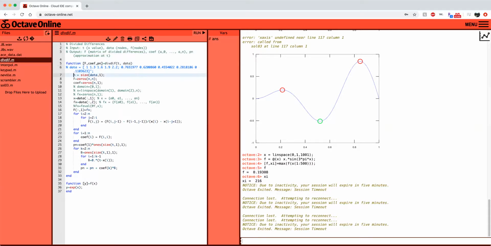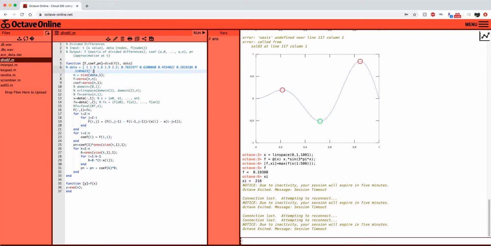So now, let's see, okay. Now first, we need to figure out the size of, I mean, the number of nodes, okay? So we use the command size. The size will return what? The number of rows and number of columns in data. Okay, and then one means what? That indicates the number of rows.